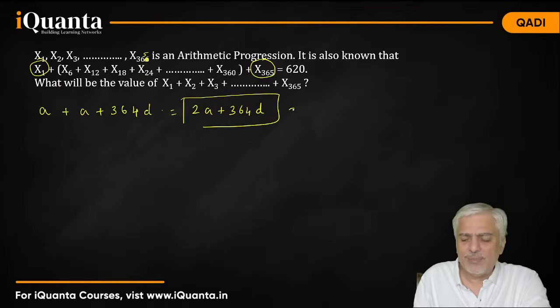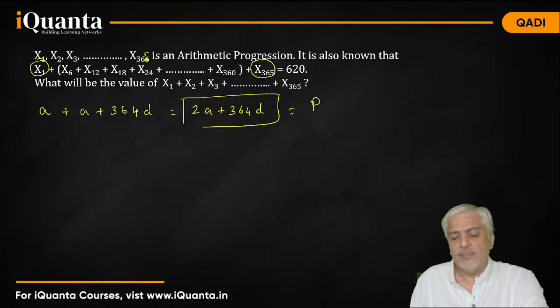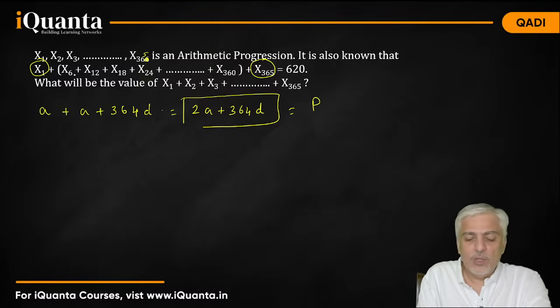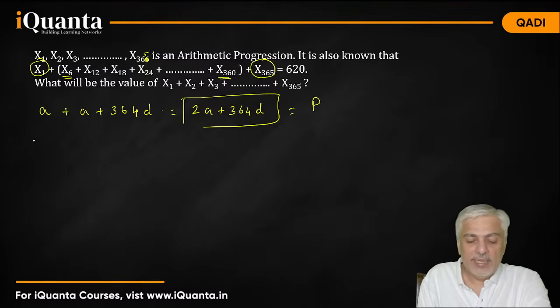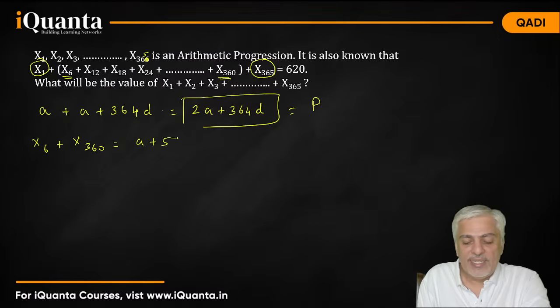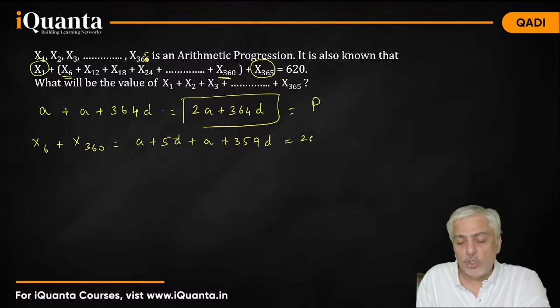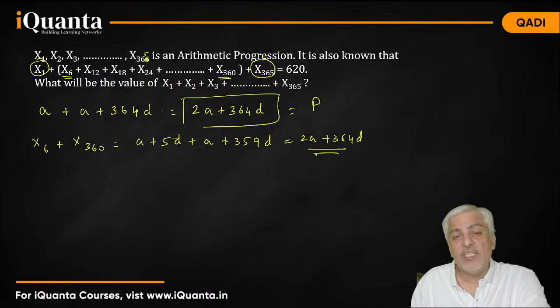Let's just call this something like P, just random. This is P. Now let's try adding x6 plus x360. x6 plus x360 will be A plus 5D plus A plus 359D, which is also 2A plus 364D, because everything is a progression.